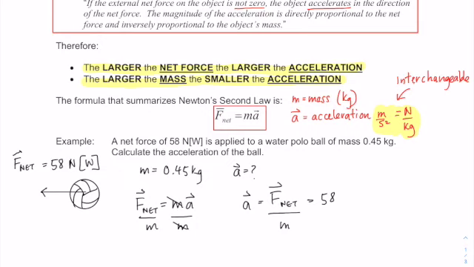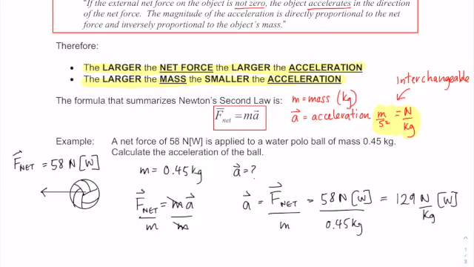So that's 58 newtons west divided by 0.45 kilograms. If you punch that into your calculator, you'll end up with an acceleration of 129 newtons per kilogram west.